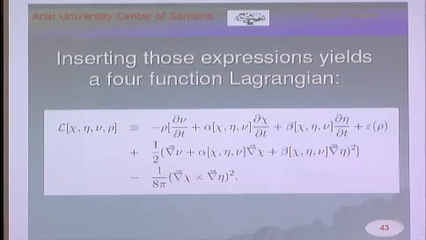Now, you can write the Lagrangian density in terms of those four functions, chi, eta, nu, and rho.